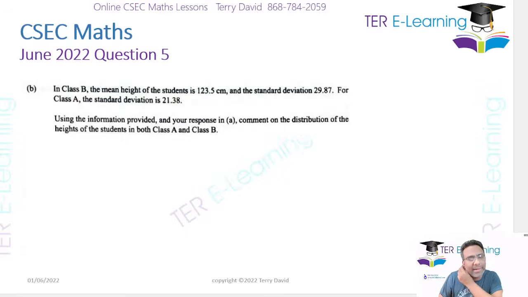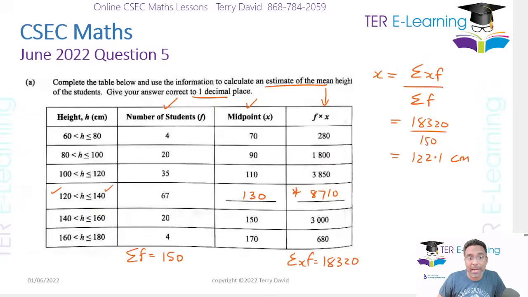The next thing here now: in class B, the mean height of the students was 123.5 and the standard deviation was... all right, so this is the second time they bring in a question like this. Let me just read back something here.